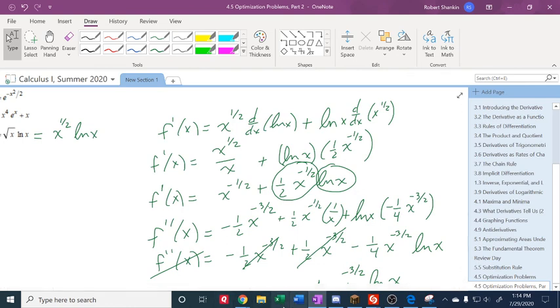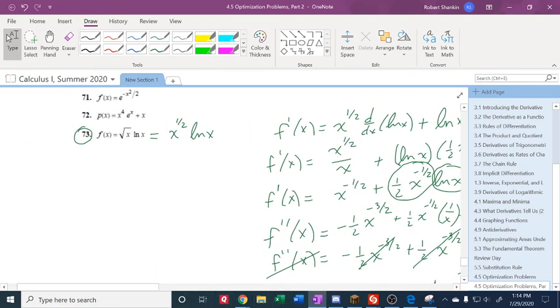So, we look back at this function. This one is not even defined when x is negative, because ln of a negative number doesn't exist, square root of a negative number doesn't exist. And so the domain of this function is x greater than 0.